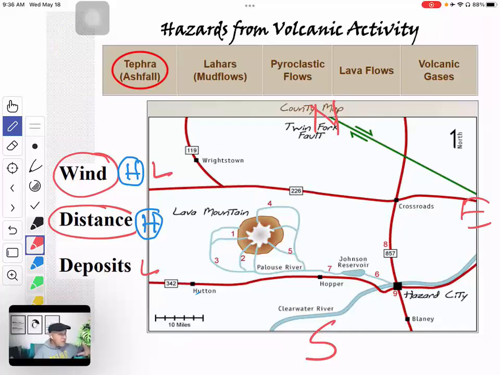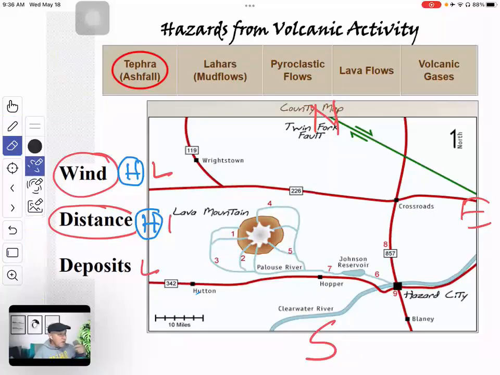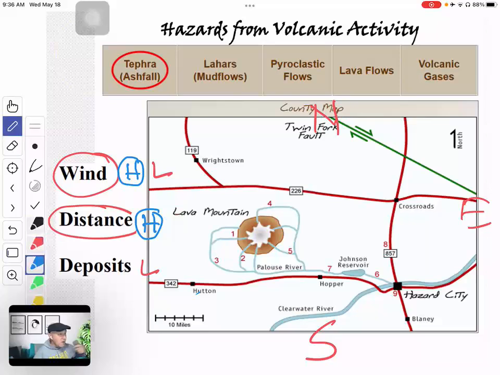But for the other communities, upwind from the volcano, you have 1 low and 1 high. So you need that third piece of information to make the final judgment.